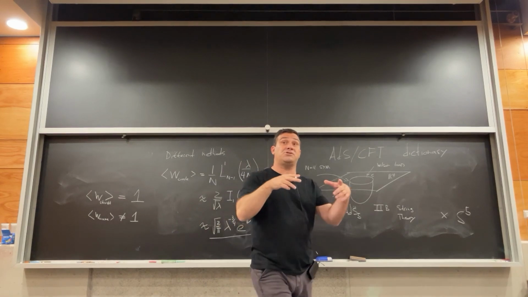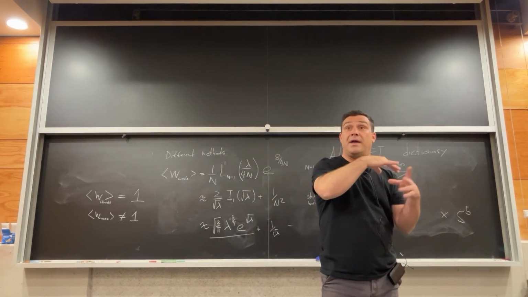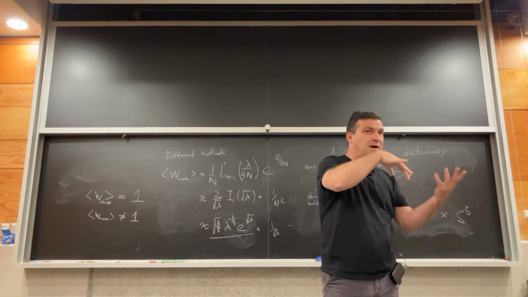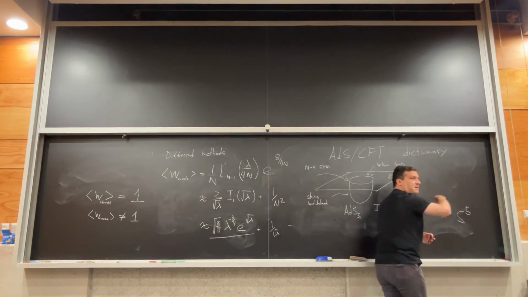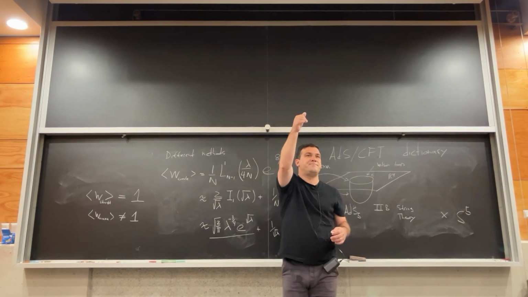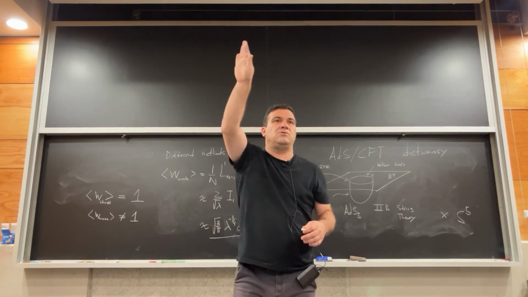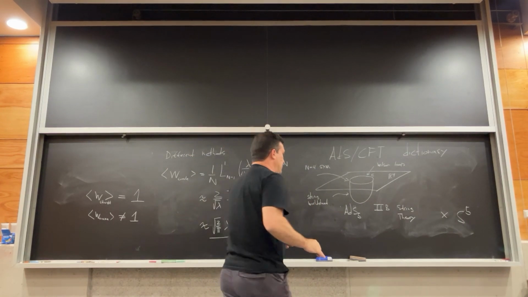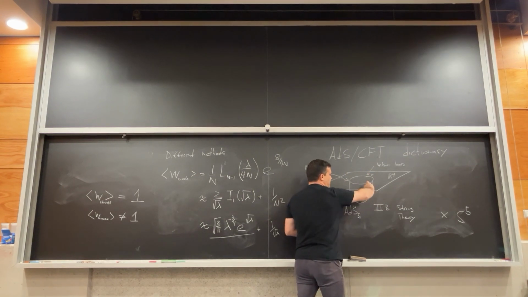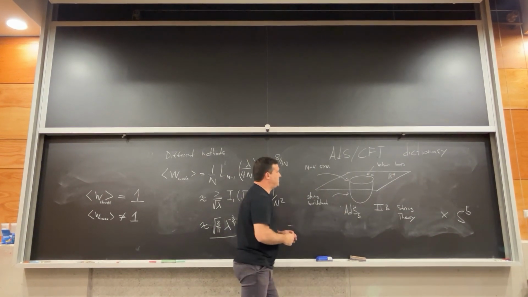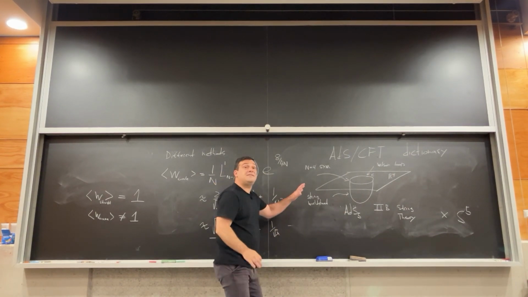But if the Wilson loop had a curve y^i dependent on tau, that would be geometrized as some curve in S5. In this case, that curve has shrunk to a point, so we can forget about it. So now the surface only goes into AdS5, and it's a point in the S5, so it's fixed. Okay, that's the dictionary.